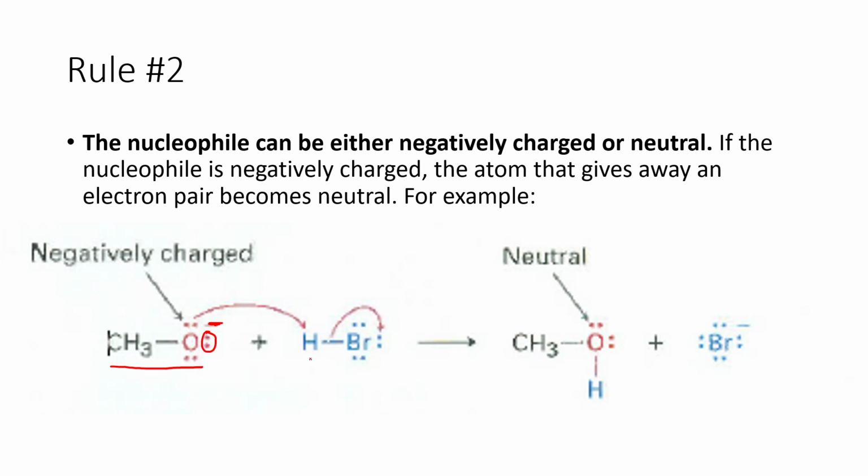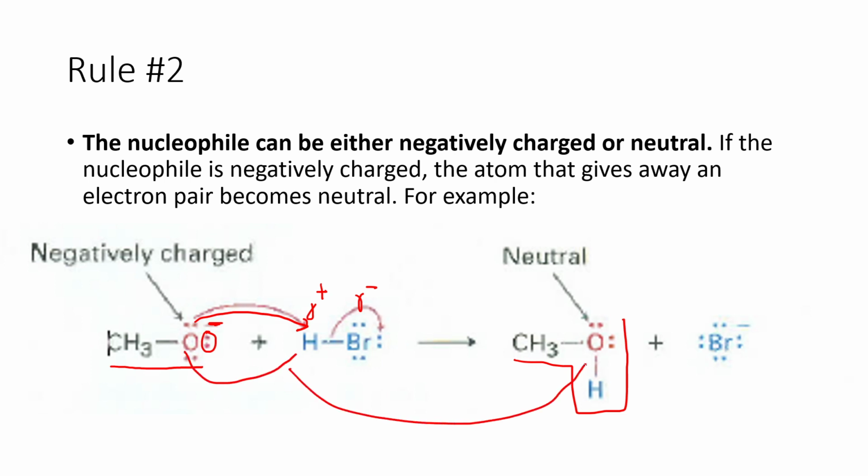So in this case, again, hydrogen is slightly positive, bromine is slightly negative. So this negative portion of the molecule can grab hydrogen, forming your ethanol here. This oxygen grabbed hydrogen to form an alcohol group. When this bond broke, the electron pair moved towards your bromine.